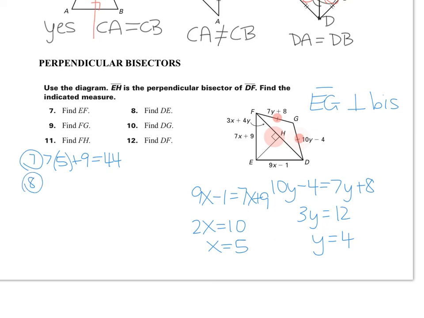DE is 9x minus 1, which better be 44, right? They're the same. Number 9 is FG, so 7 times y, which is 4, plus 8 is 36. Number 10, DG better be 36.